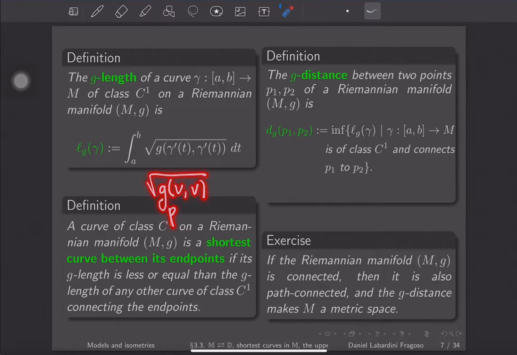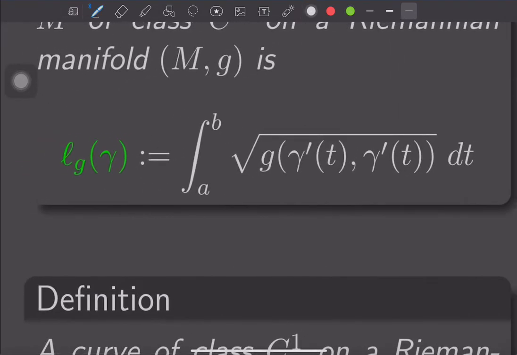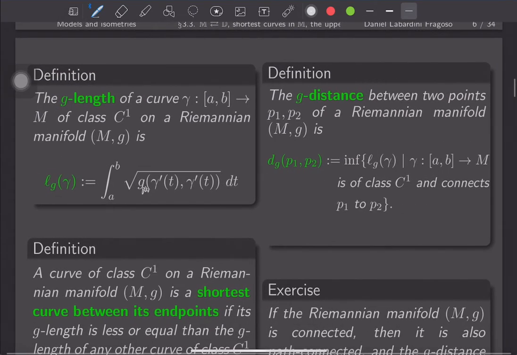Right? So actually, here I have to make a correction, because here it has to be g sub gamma of t. Yeah. Right.